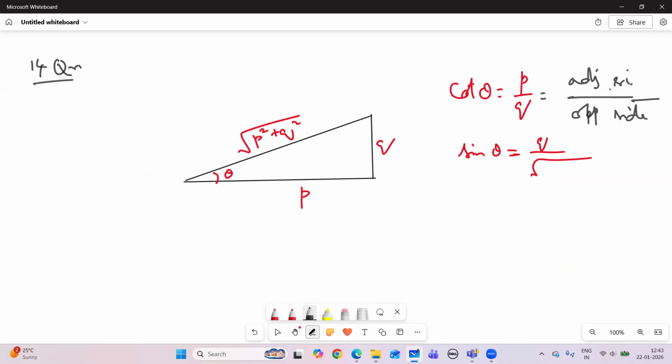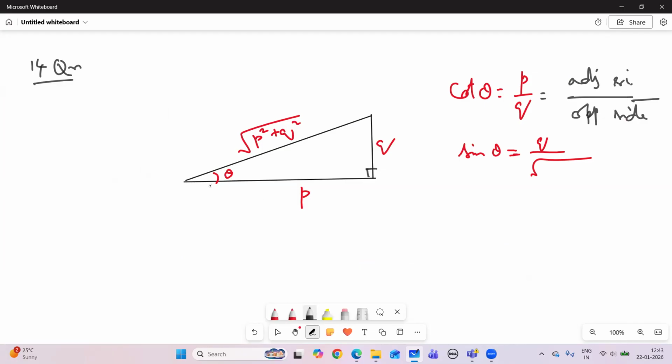Because cot theta is adjacent side by opposite side, you may take adjacent side equal to p and opposite side equal to q. So I am considering a right angle triangle, and let this angle be theta.